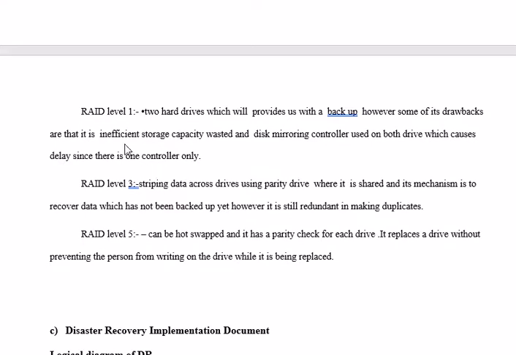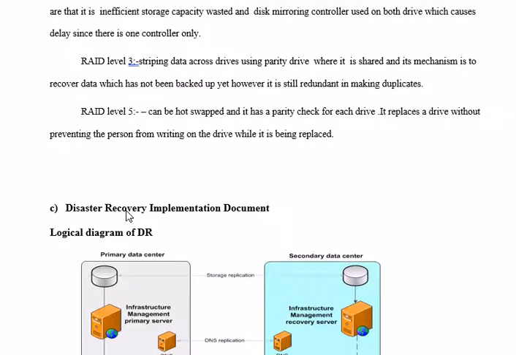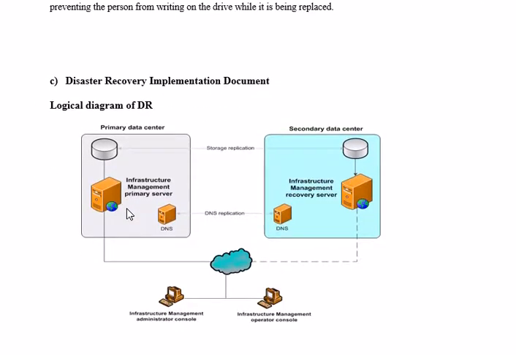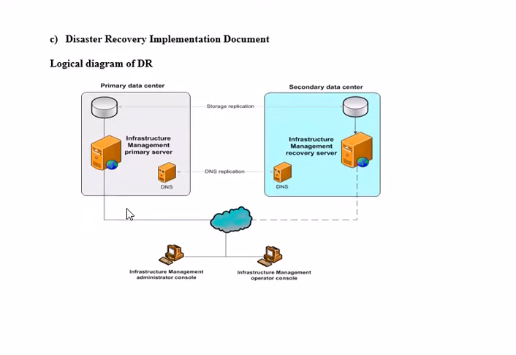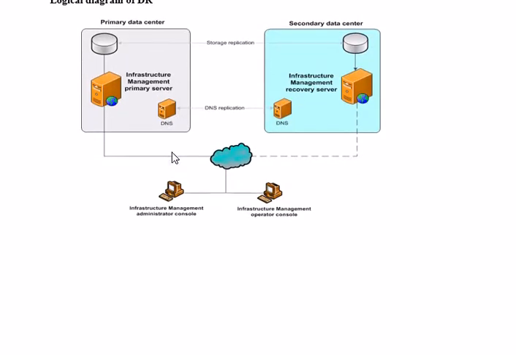Here are RAID level 1 and RAID level 3 and RAID level 5, and we showed the DR implementation document diagram. Here is the diagram of disaster recovery implementation.